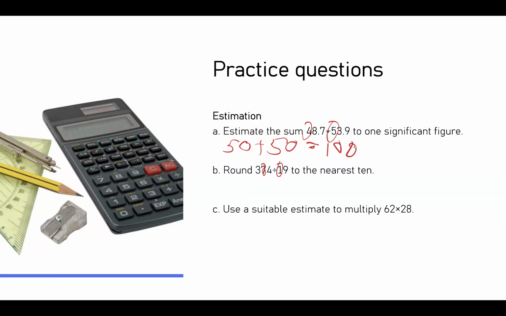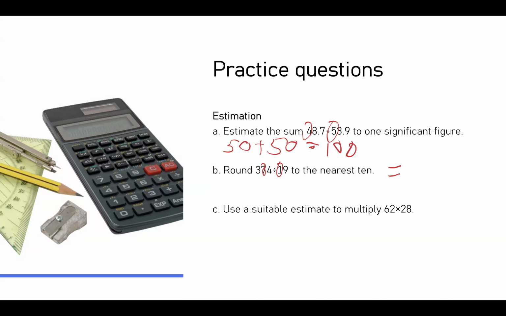Actually, we can do the division in our calculator first. 374 divided by 19 equals 19.68.